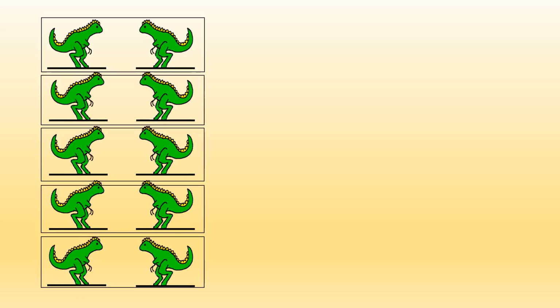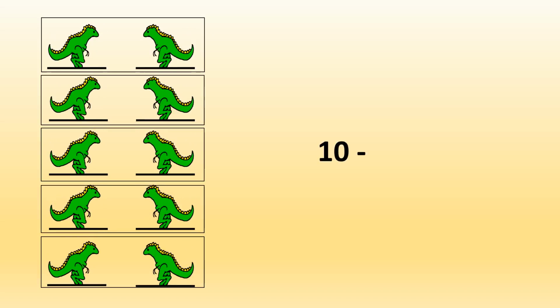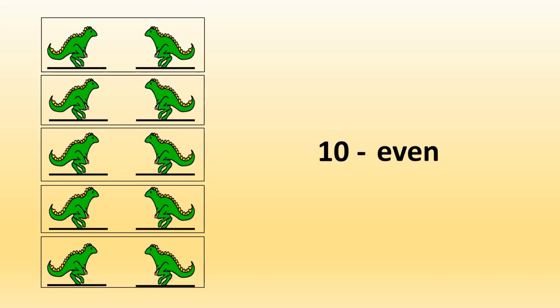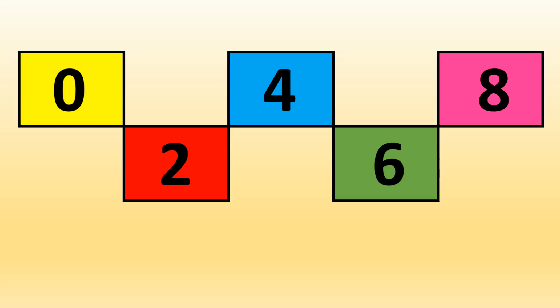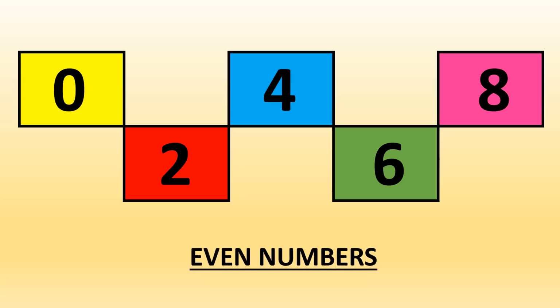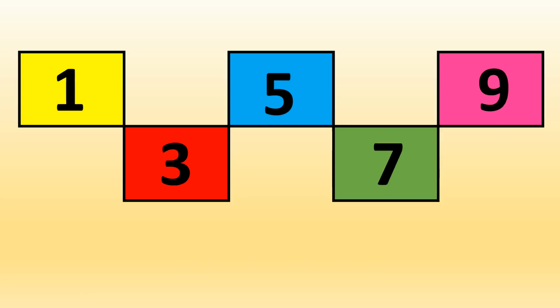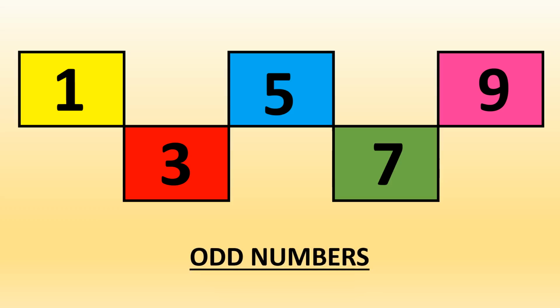So we can say that 10 is an even number. So we can say that 0, 2, 4, 6 and 8 are even numbers, while 1, 3, 5, 7 and 9 are odd numbers.